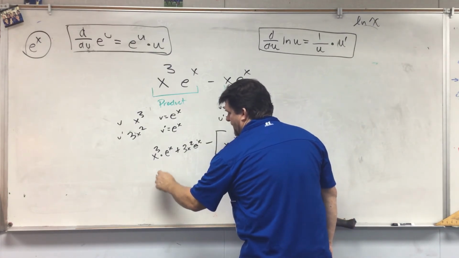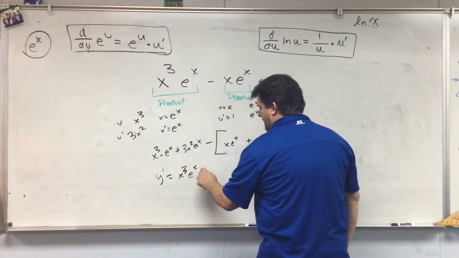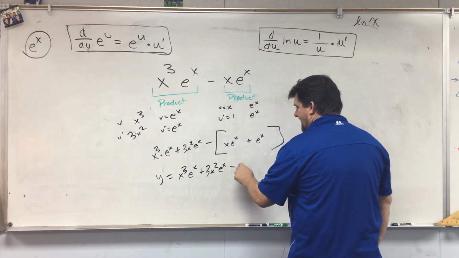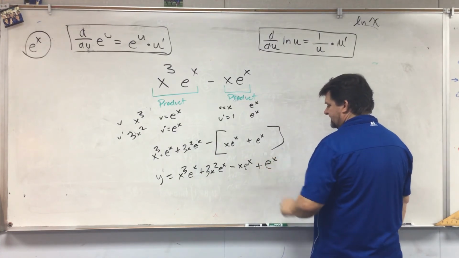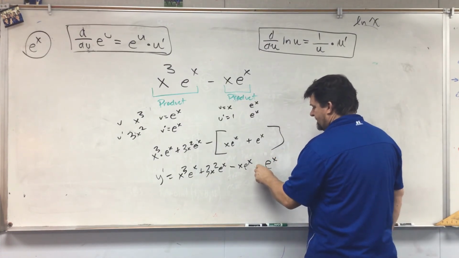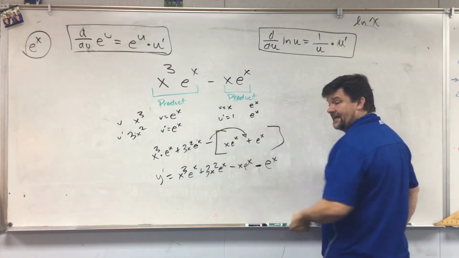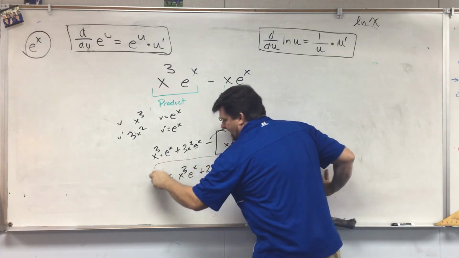So our y prime is x cubed e to the x plus 3x squared e to the x minus x e to the x, oops, sorry, minus e to the x, because we got to distribute that piece in. That's why I put the brackets there, and then I ended up messing it up. So that is how you tackle that.